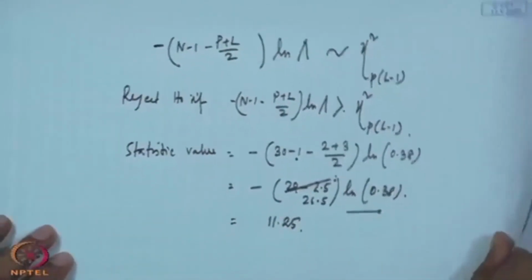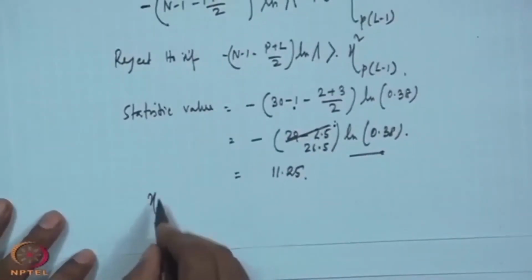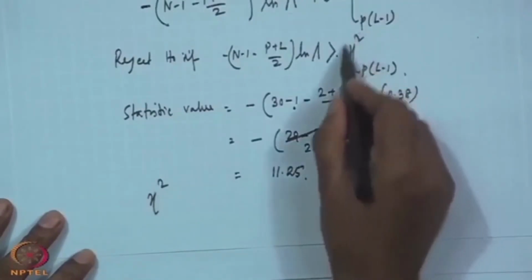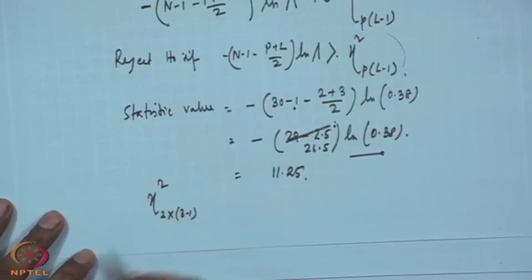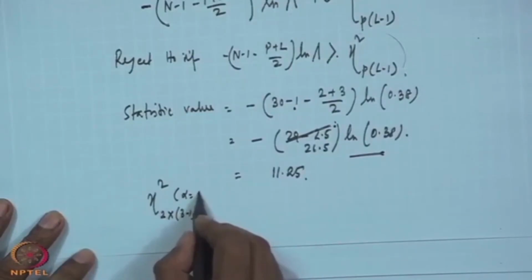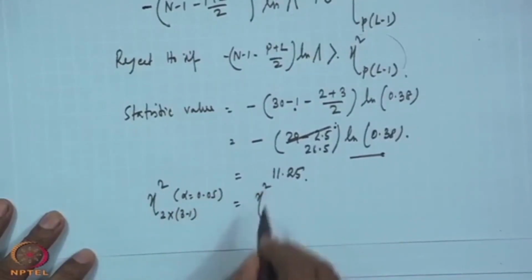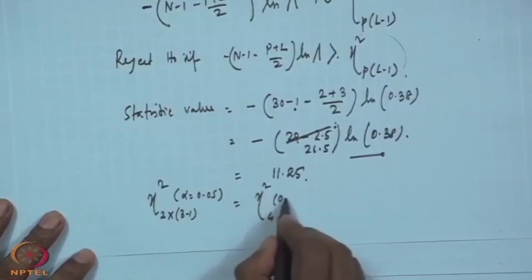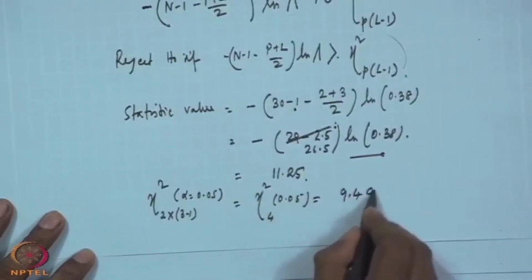Now, what do you require to find out? You require chi-square p(L minus 1), where p is 2 and L minus 1 is 3 minus 1, that is 2, and you have to take an alpha value, let alpha equal to 0.05. Then this is chi-square 4, 0.05, and this value is 9.49.